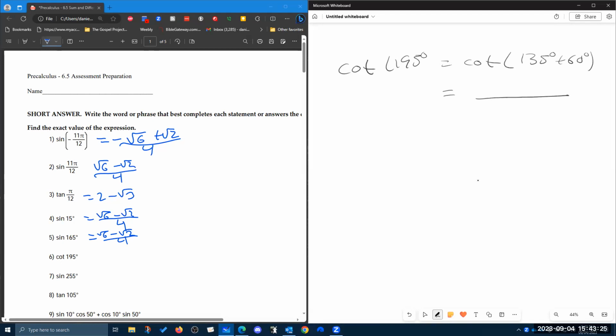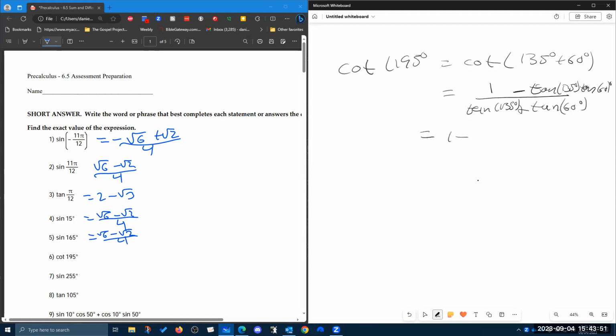Since this is a plus here, this is going to have 1 minus tangent 135 tangent 60 on the bottom, and tangent of 135 plus tangent of 60 on top. And we'll need to rationalize when we're done.